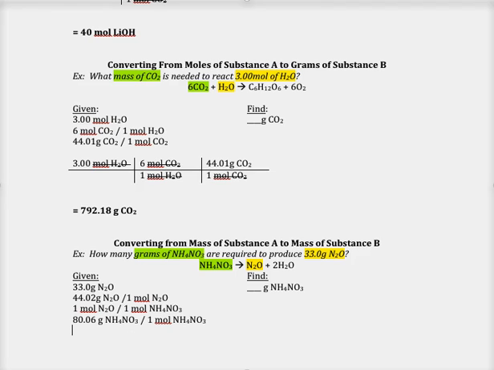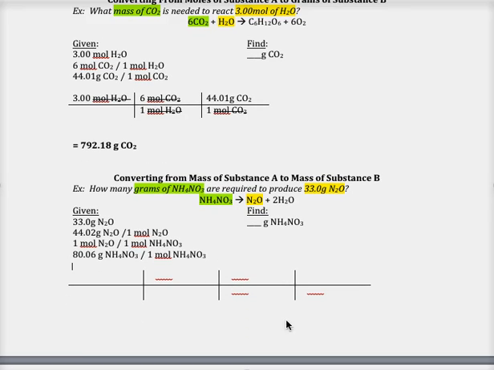So I can see this is going to be a 4-step picket fence. I have 1 to 1 and 3 ratios. Let's put in a picket fence that has 4 steps. Here we go. Once again, like always, I need to start with what I have, grams of N2O.